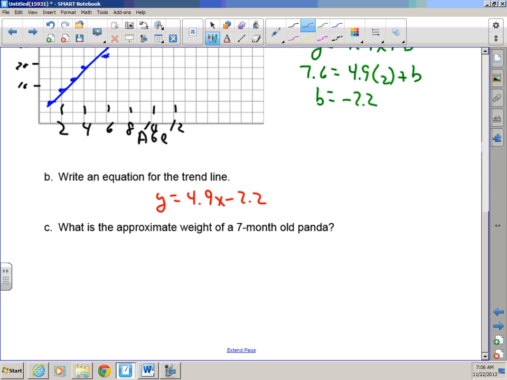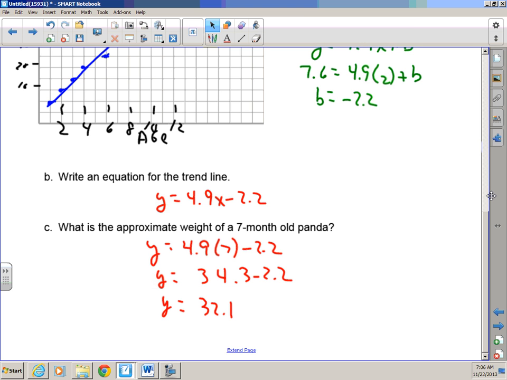So what would a 7-month panda weigh? Well, what I would do is put 7 in for my x value. And so I would expect a 7-month panda to weigh approximately 32.1 pounds.